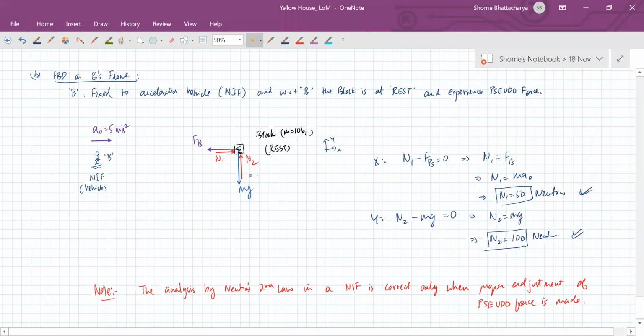If we had not made the adjustment of pseudo force here, then our conclusion would have been that N1 is zero, because the block is at rest, so there should be no horizontal force. But only because we have adjusted properly with the pseudo force, we are understanding how N1 is occurring.